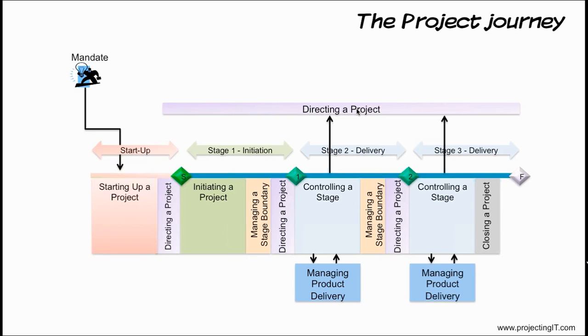Once all the closure work is completed, the project manager goes to the project board and sends them a draft closure notification. The project board will check if all the work has been completed and sign-offs are obtained, and will then allow the project manager to close the project.